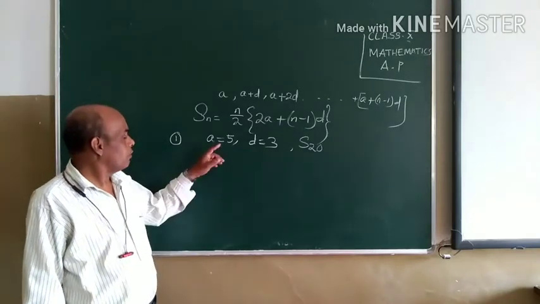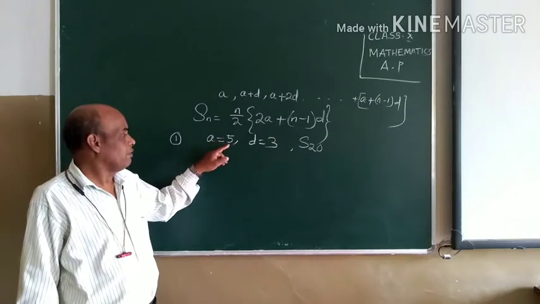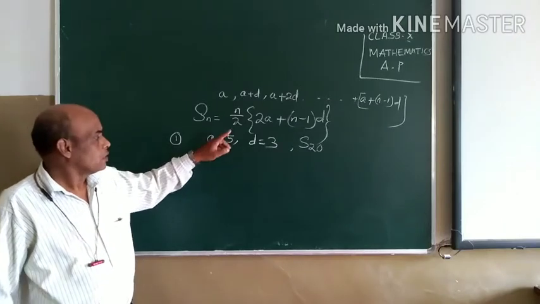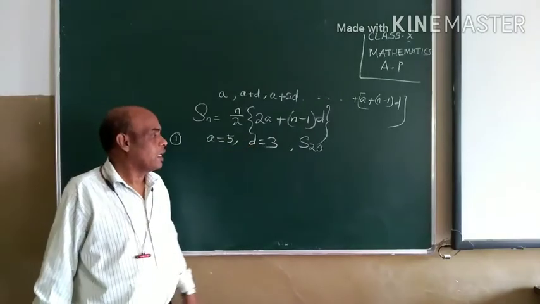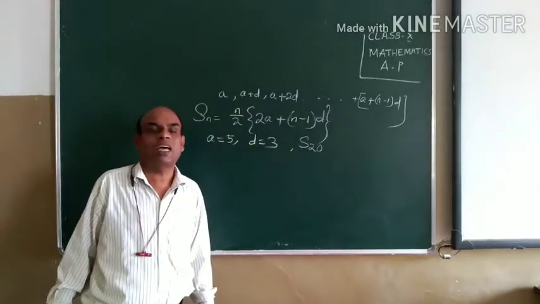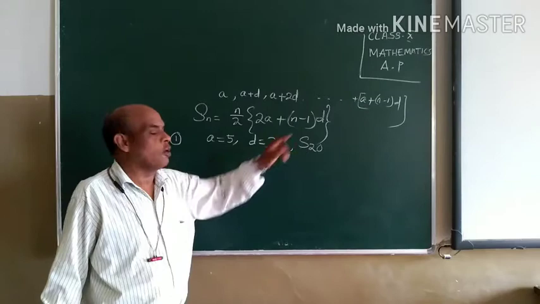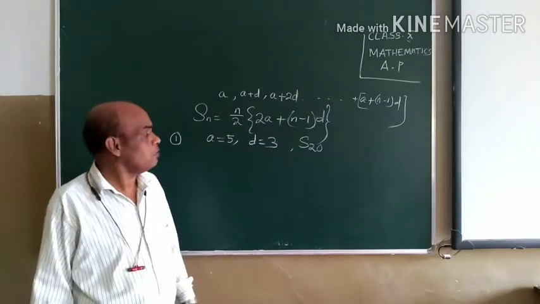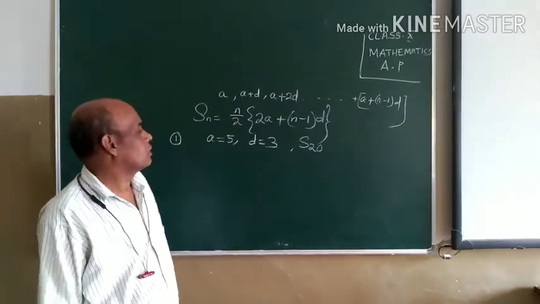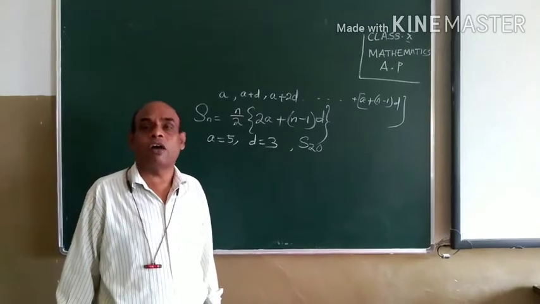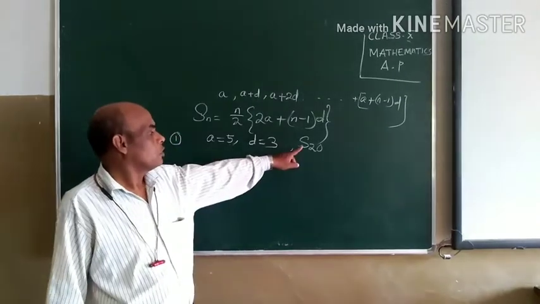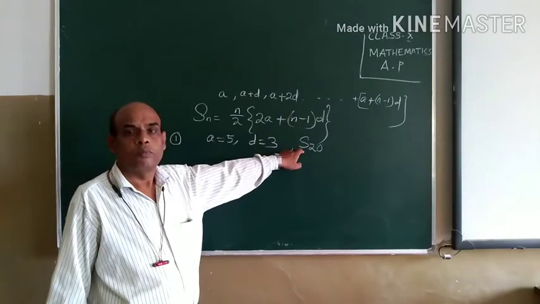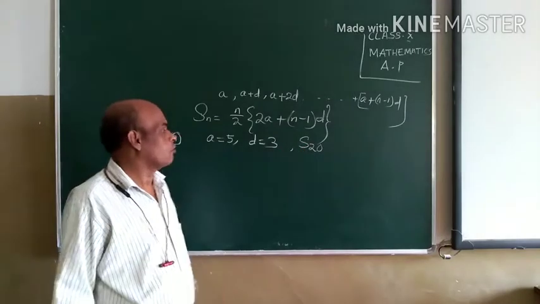Here you observe a is given, the common difference is also given, and there are 20 terms. So we have to find the sum for 20 terms.